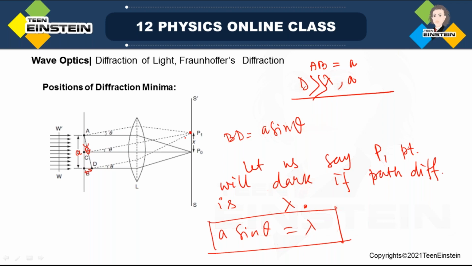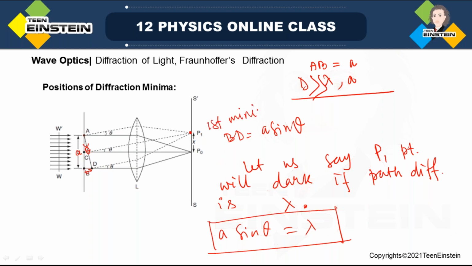How to justify that? What we have done here is found the path difference between the extreme two beams of light from the slit, from point A and from point B. When they meet at P1, we are thinking there will be a dark fringe, the first minima.